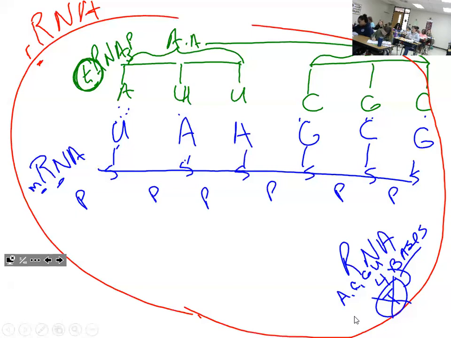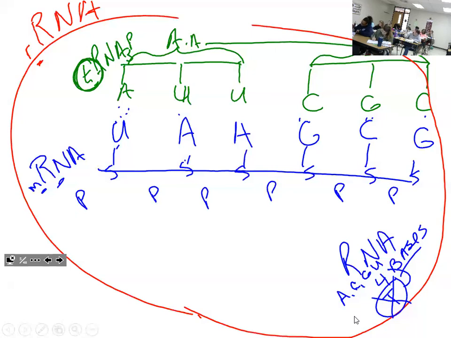And now you've got your primary structure of your protein. So what's the end product of translation? A protein. The end product of translation is a protein, right?